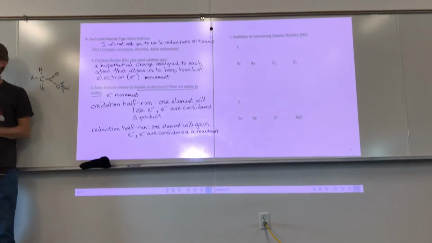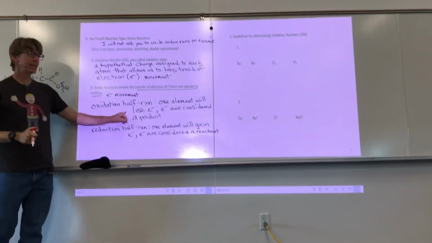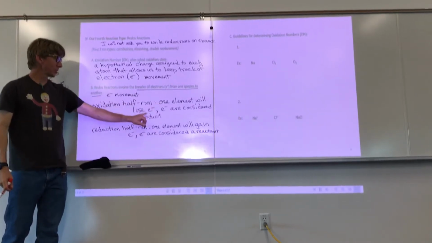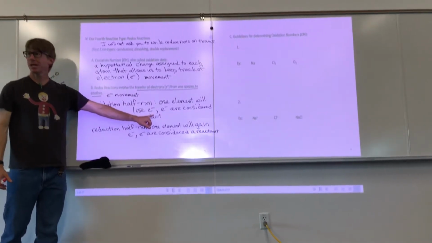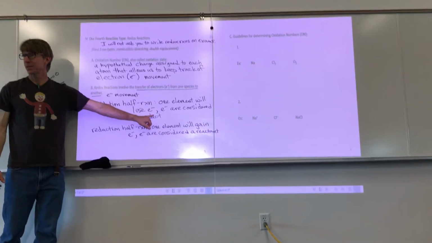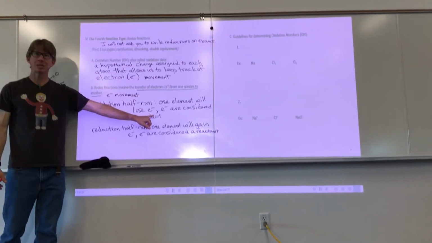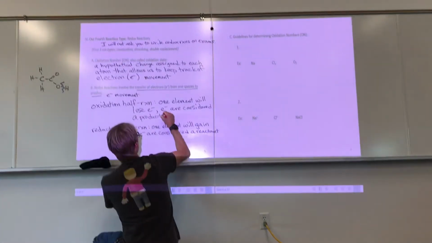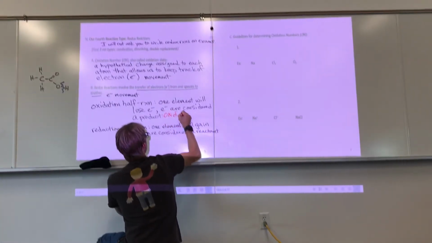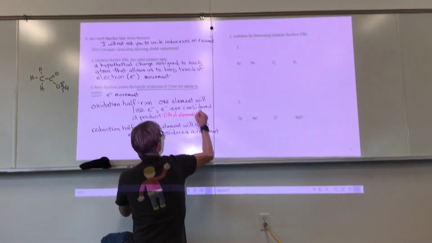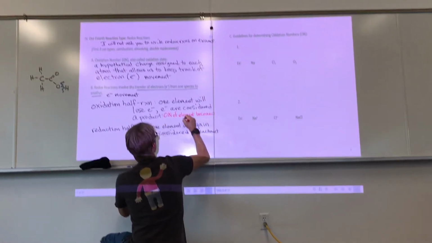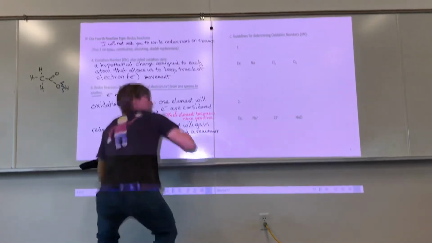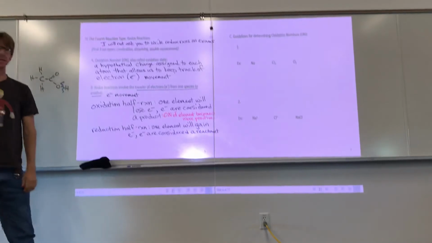Now, I'd like to add something else. For the oxidation half reaction, the element will lose electrons. Electrons are negative things, so the oxidation number of the element will become more positive. And that's how we'll tell when something has been oxidized.